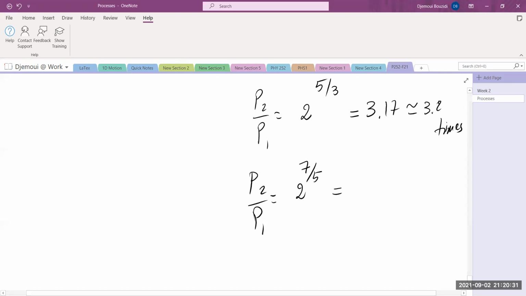So now I have to go back into the calculator and change the exponent to 7 over 5, which is 1.4. Okay. So it did not go up by much, does it? A little over 2.5, or 2.6 times. Is that what you found too?